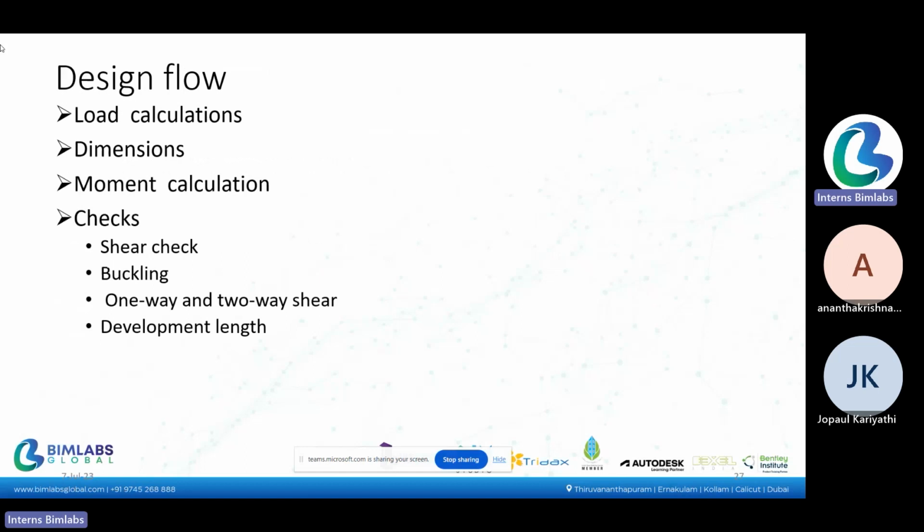Next is the design flow. Up till now, I have talked about the principles of design. We have mentioned the working stress method, limit state method, load method, and how thumb rules work, and that was our talk.